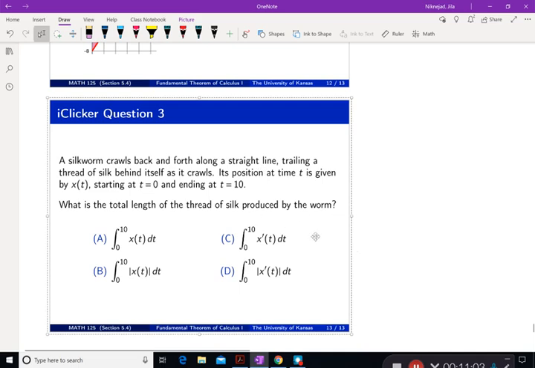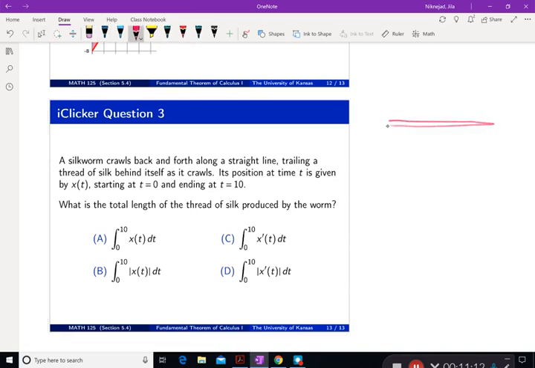So this question is again one of those things where the silkworm is going back and forth, right? Going this way and going that way. If I take the integral of the rate, which is the velocity, it would give me the change in position.